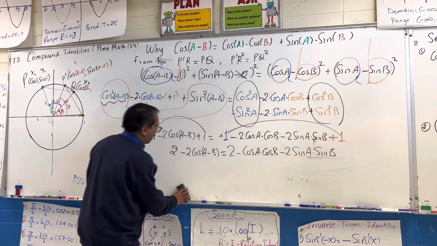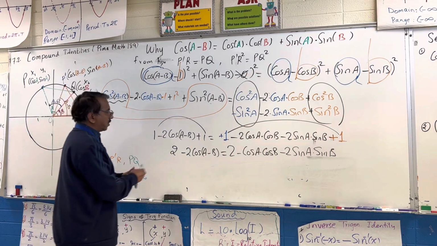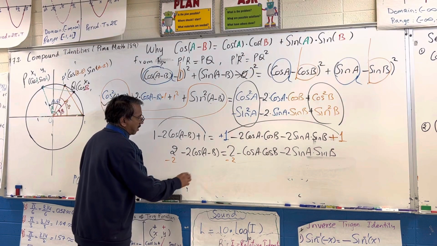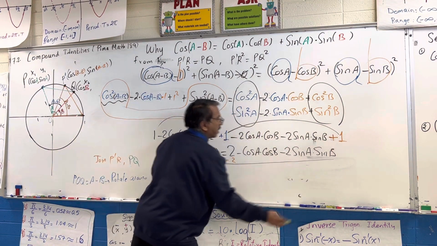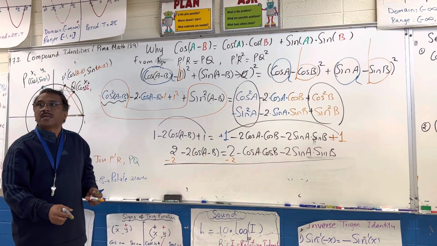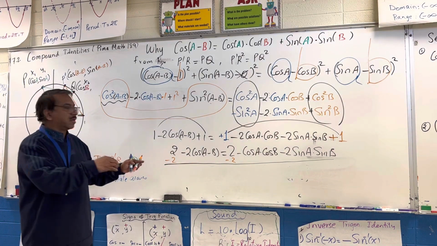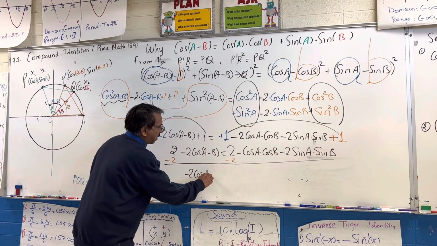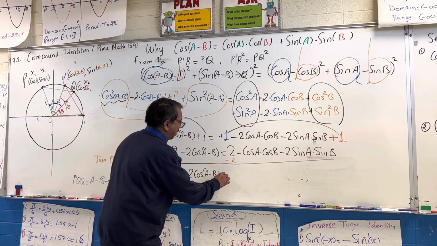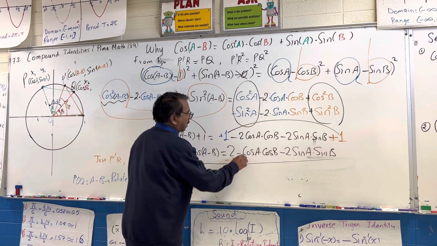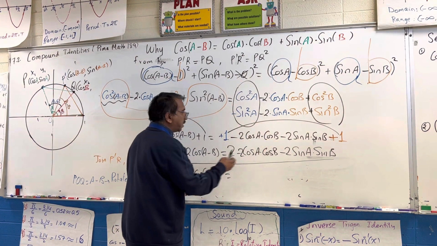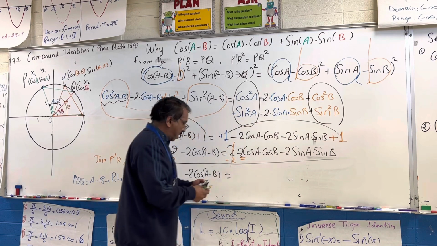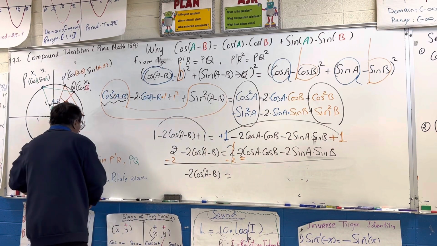Now, you can subtract 2 from both sides. So if you subtract 2 from both sides, I'm just finishing. This will be minus 2 cosine of A minus B equals, I missed a minus 2 here, so at the same time as you do this, we can use the distributive property. This crosses out. I'm almost done, okay?